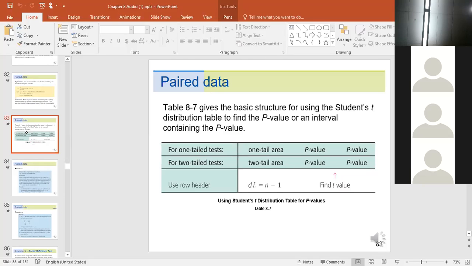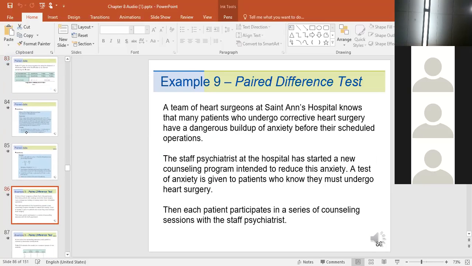How do you know that the data you are going to get are paired? You will see that they are given to you 2 by 2. And you do first minus second to find the difference. We are going to use Excel to do this.